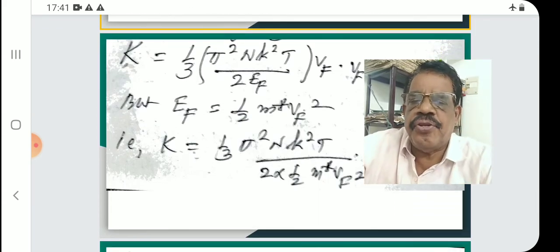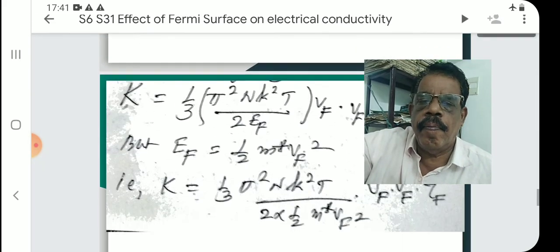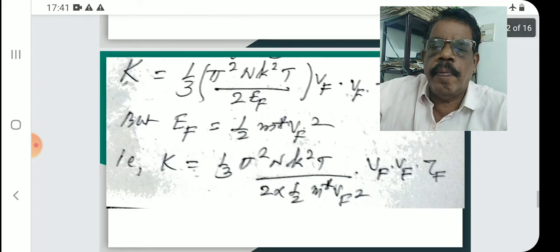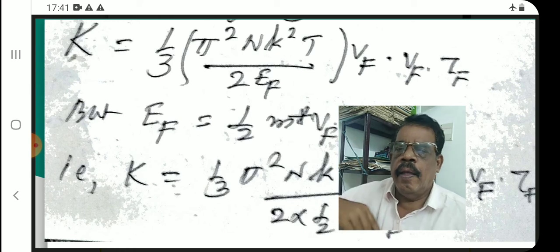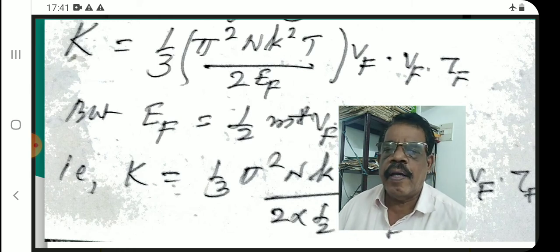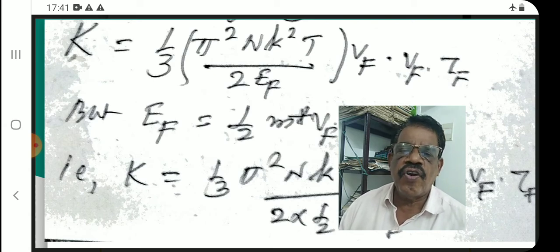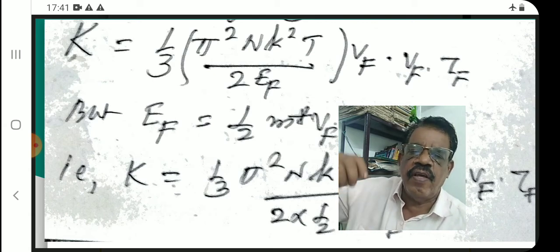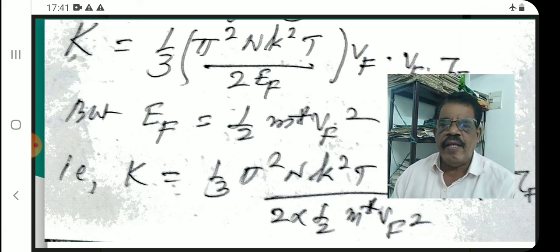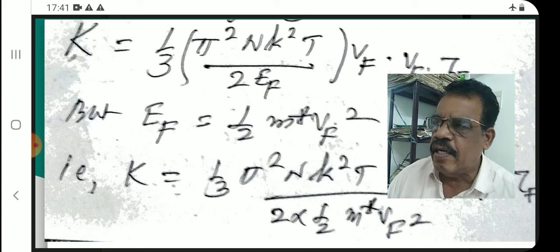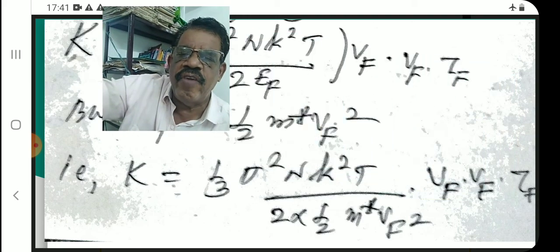Then we get K is equal to 1/3 pi square n k square T by EF into VF into tau F. LF is VF into tau F; velocity into time is distance, that you know. And EF is the Fermi energy. EF we write in kinetic energy form, half m star VF square, and put that value in the equation.